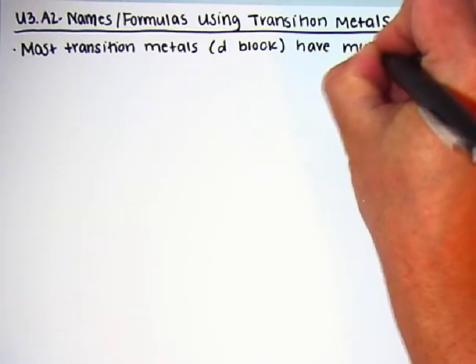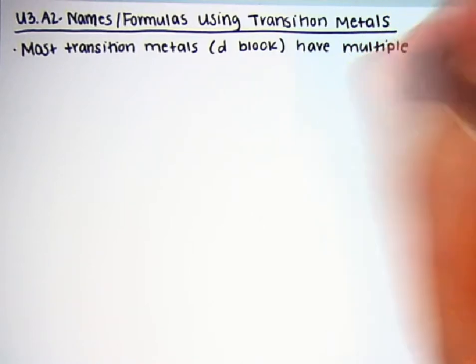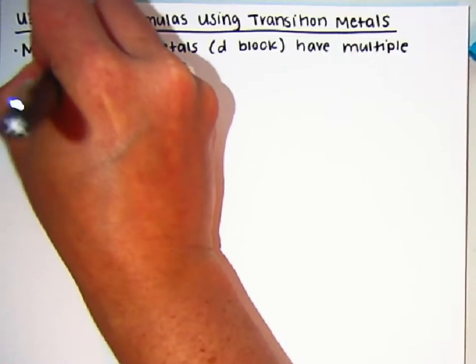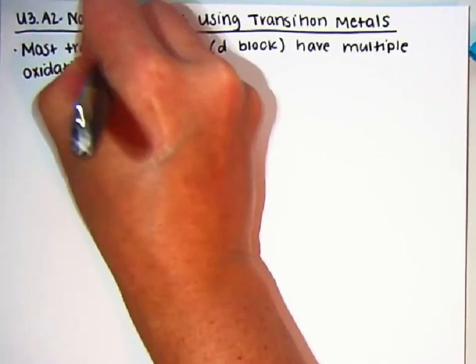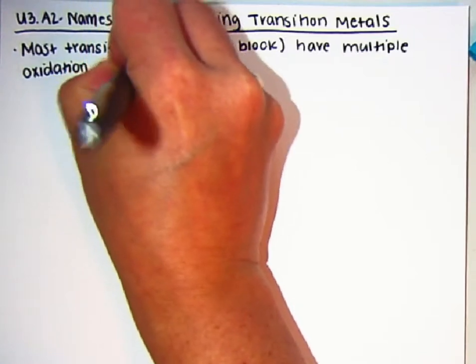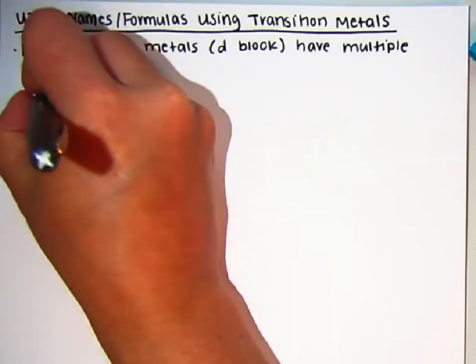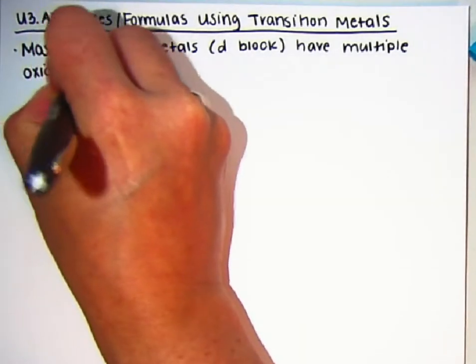have multiple oxidation states. And that means that they can have more than one charge. Oxidation is the loss of electrons.